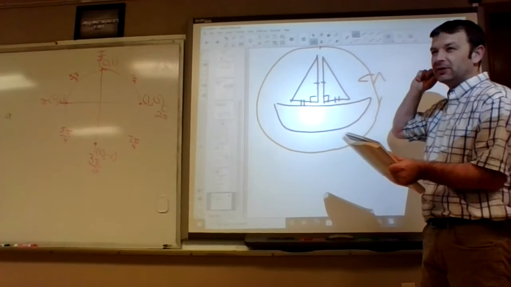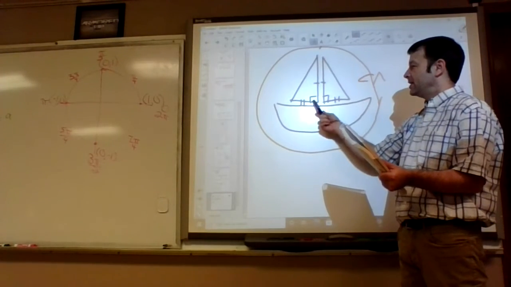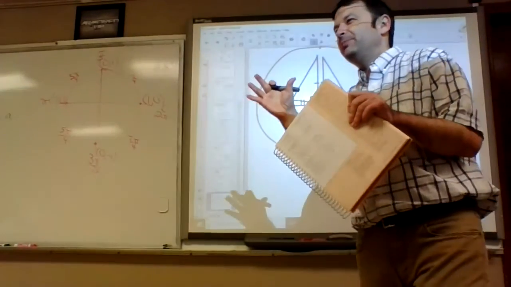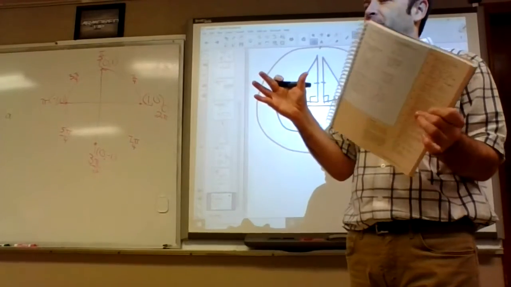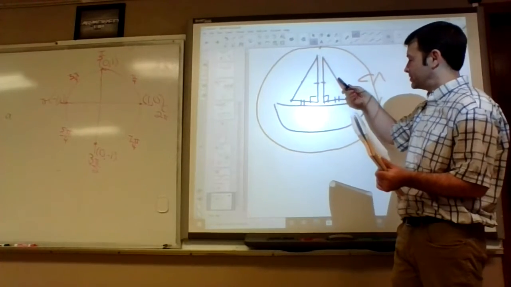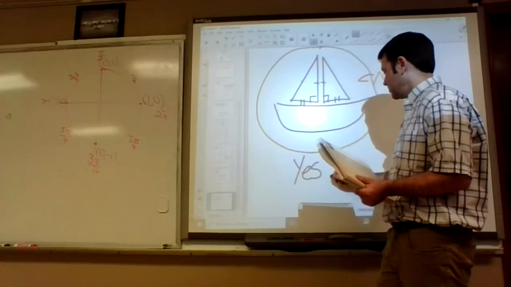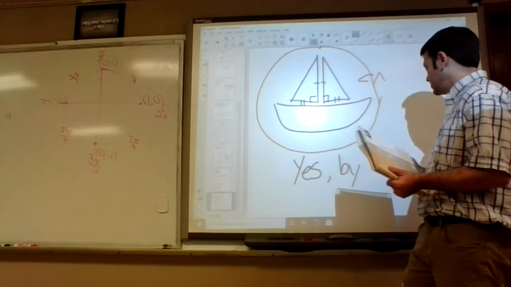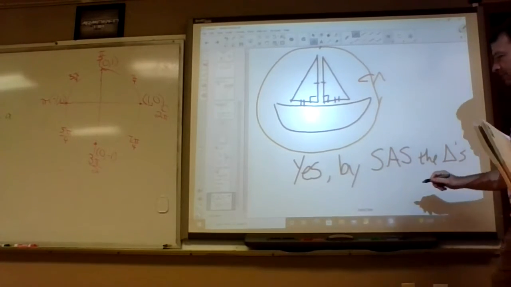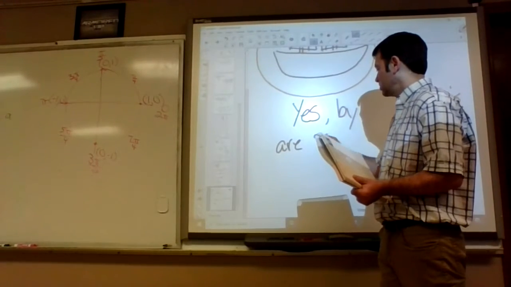Because the triangles are congruent by side, angle, side. That's the first thing we're gonna say. And then if the triangles are congruent, the corresponding parts have to be congruent. Corresponding parts being any matching parts, and we're talking about the third side. So I'm gonna say yes, by side, angle, side, the triangles are congruent.